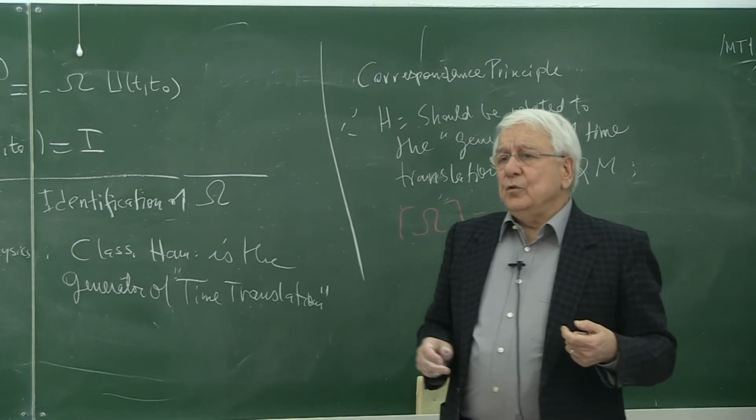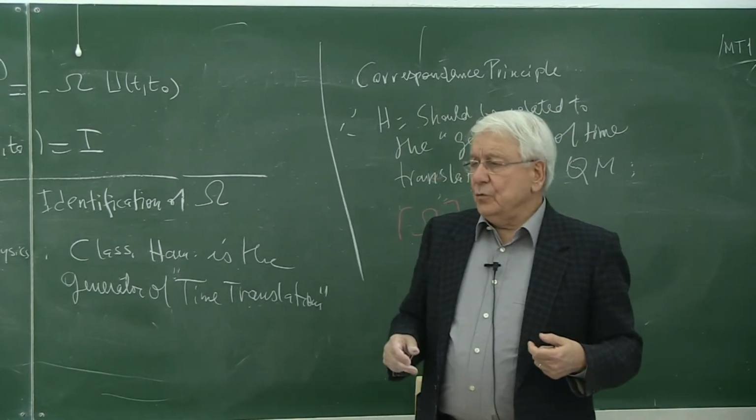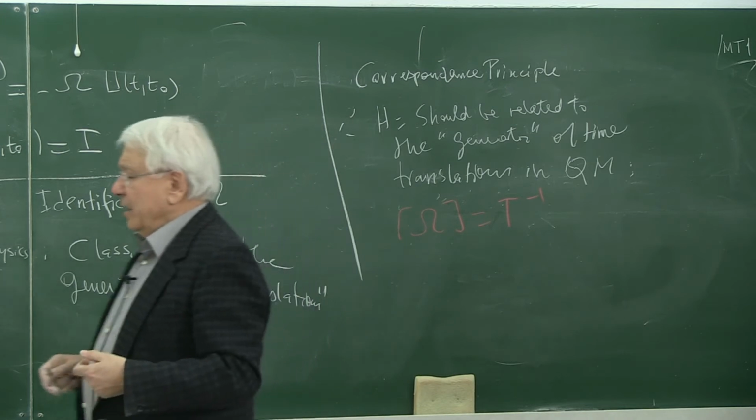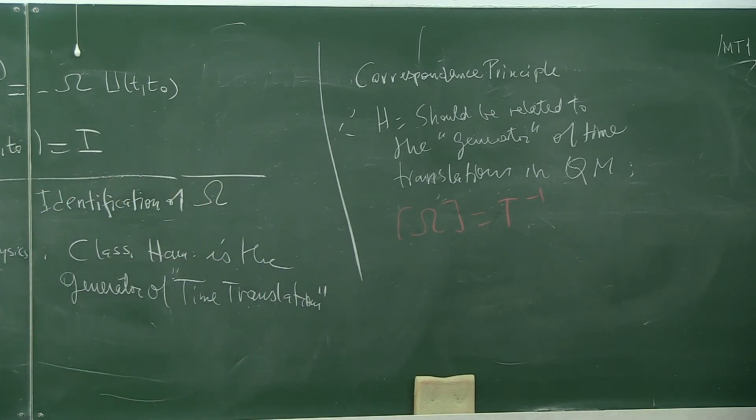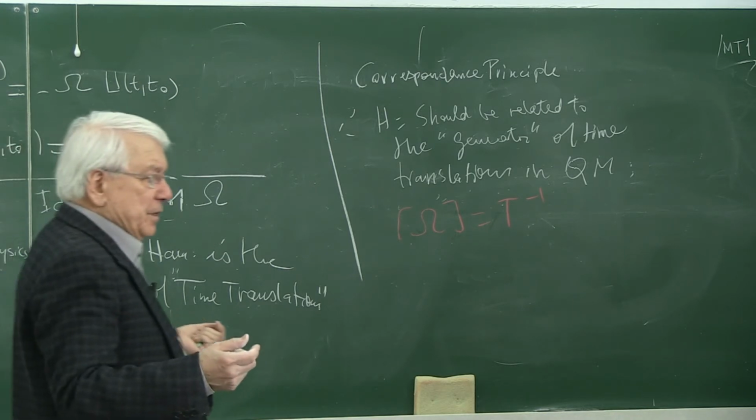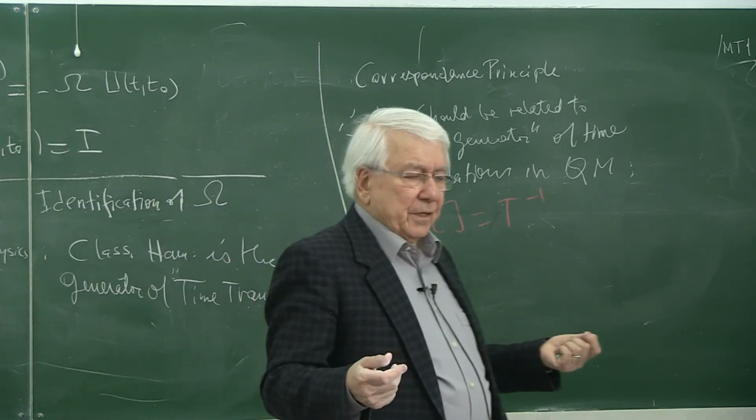And how do you go from here to eventually the Hamiltonian? The Einstein or de Broglie relations tell you that energy and frequencies are proportional. Einstein's version is E is h nu. Nu is the frequency, so it is 1 over the period.